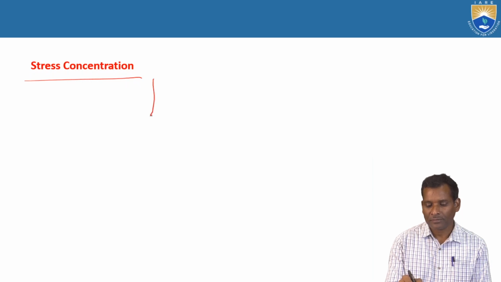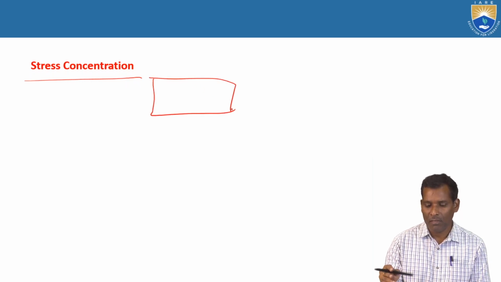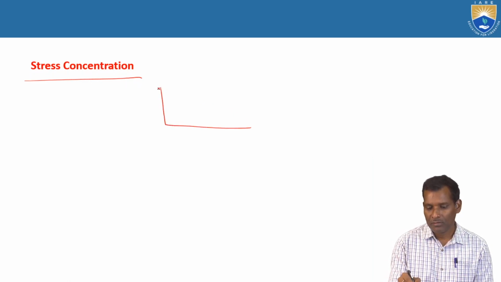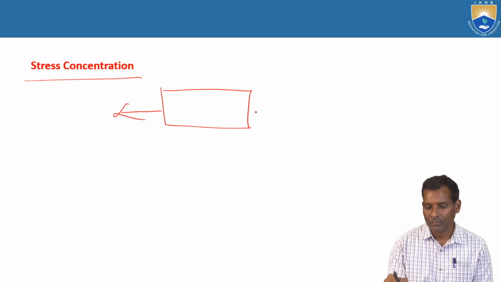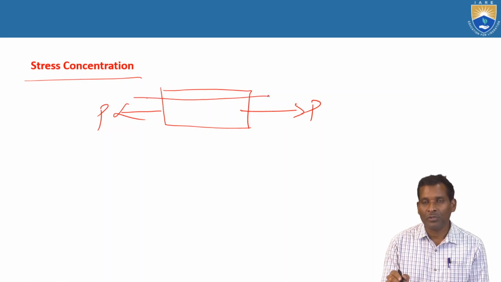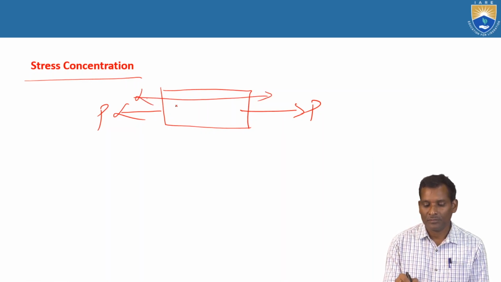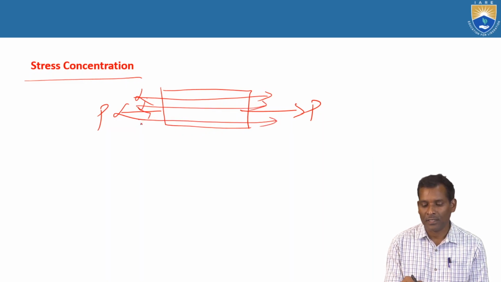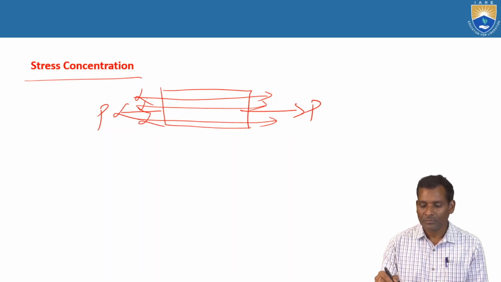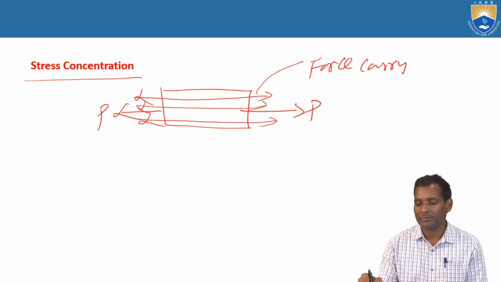I will explain with one example. This component is subjected to tensile load. In this uniform bar, the force lines are uniformly distributed. These lines are called force carrying lines.